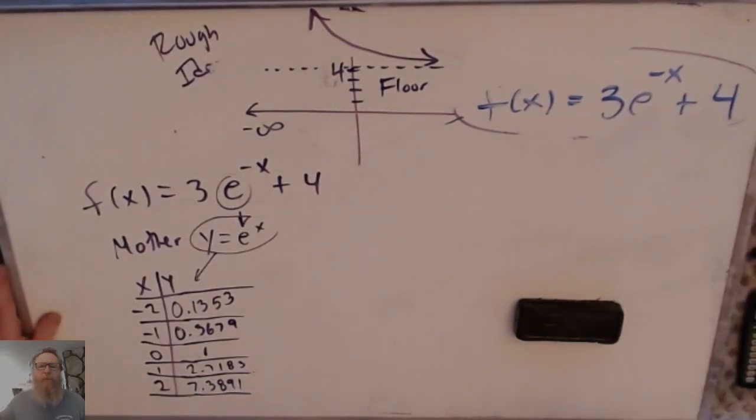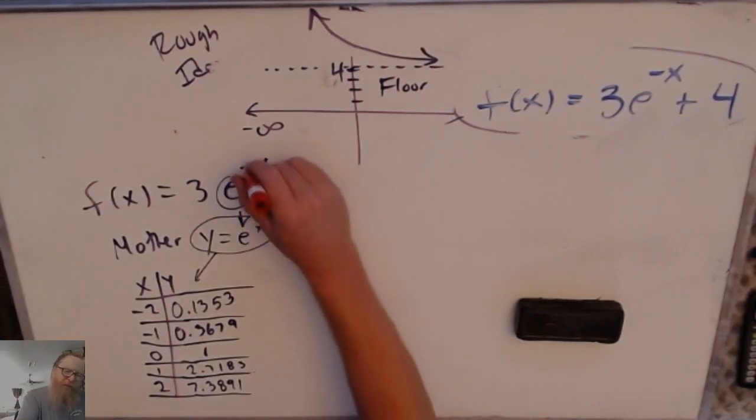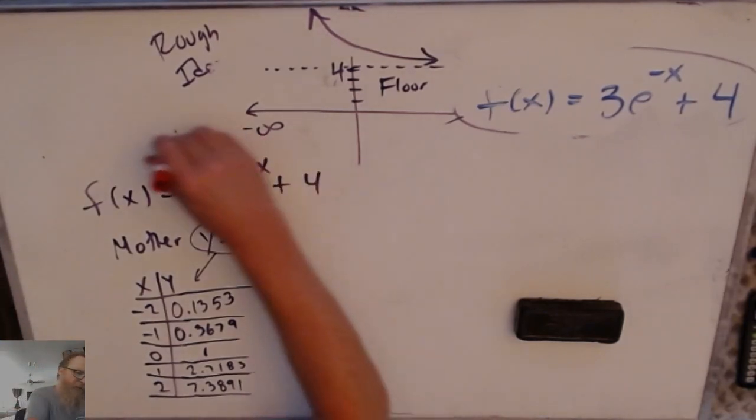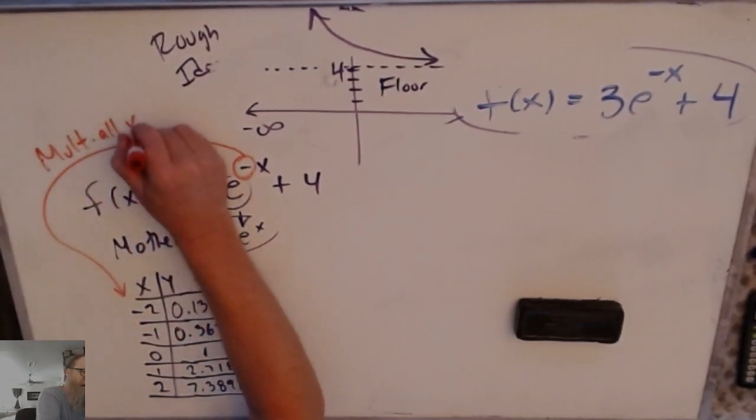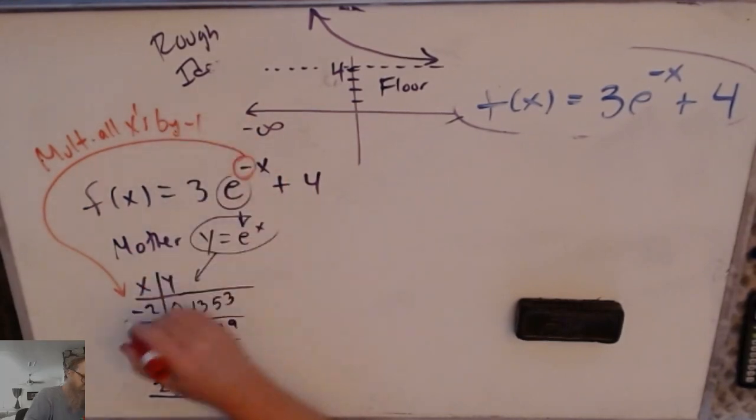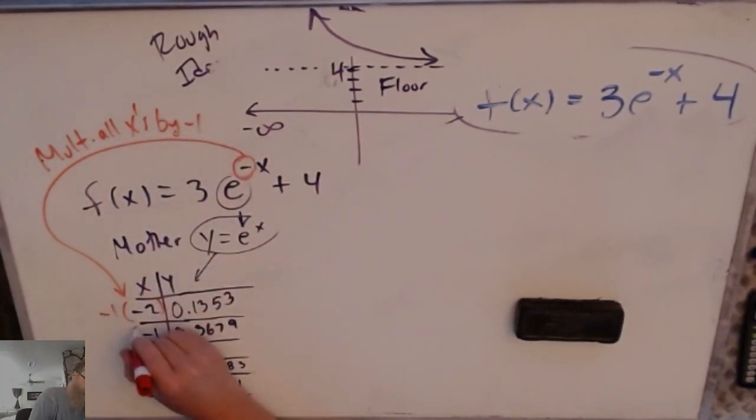Now the fun part, transformations. So let's do the negative first. We're going to multiply all the x's by negative 1. That's called a reflection.